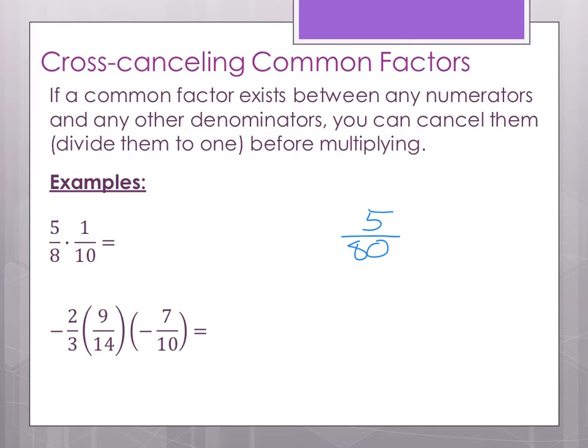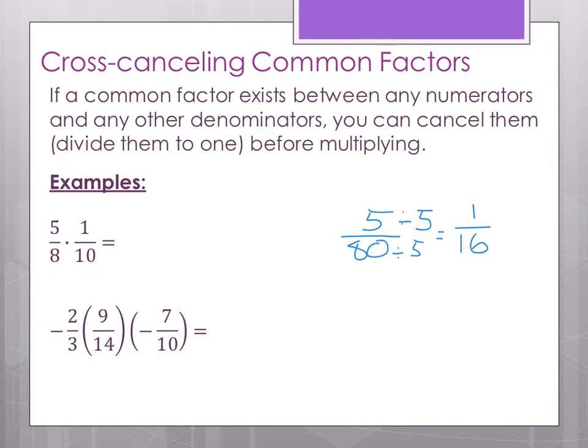I notice that there's a common factor between the top and the bottom, which is 5, so I divide the top by 5, divide the bottom by 5. 5 divided by 5 is 1, and then 80 divided by 5 is 16. So after I multiplied, I had to remember to simplify the common factors out.